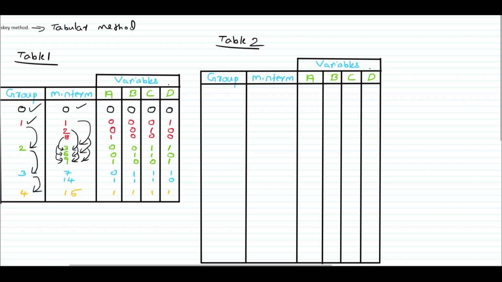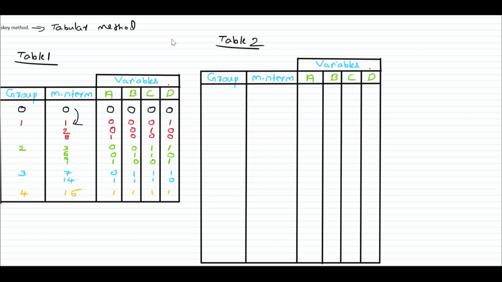So we will see this in detail, how we are going to compare it. First, we are going to compare group 0 and group 1. First, we will see 0 with 1. We are going to compare 0 with 1.